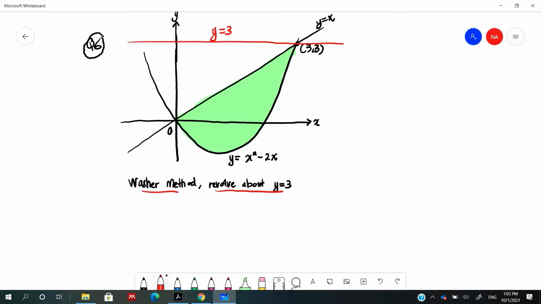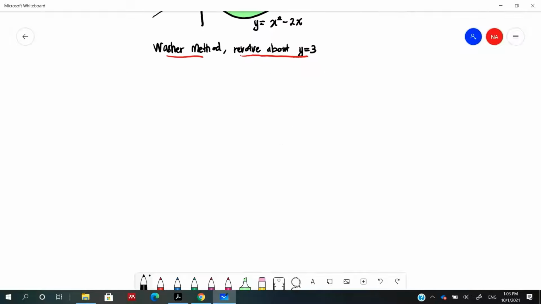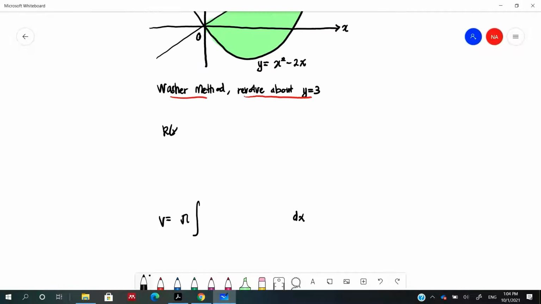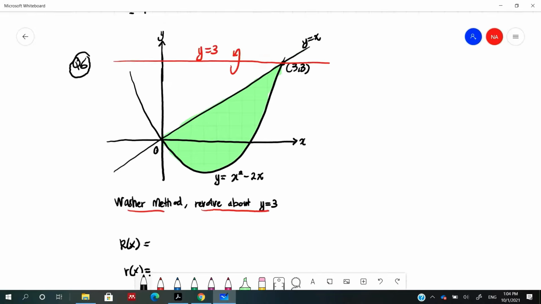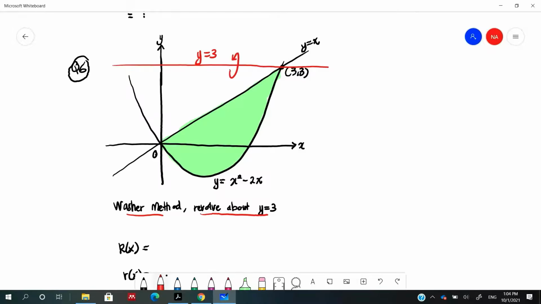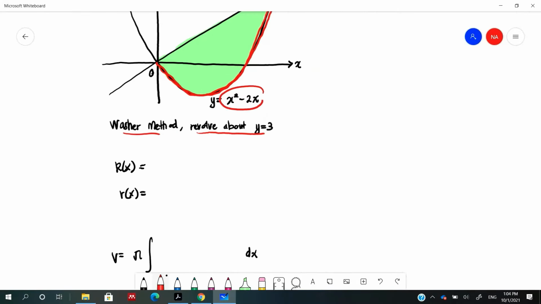We should note that it is integration with respect to x, because we are now revolving about a horizontal line. So the volume should be in terms of x, and the radius should be in terms of x for both the outer and inner radius. For the outer radius, we find the one which is further from the axis of rotation, which is given by x squared minus 2x.